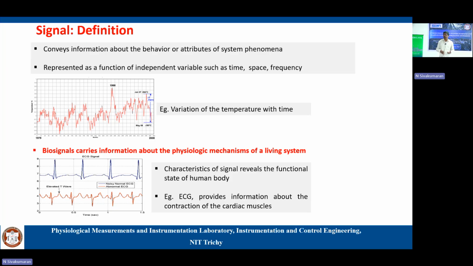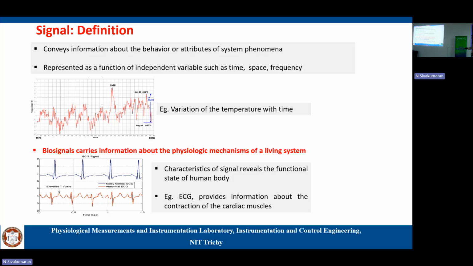For example, if you try to record ECG in this room, you may see some sort of noise, and with that ECG, doctors cannot take any decision. Then there comes the engineering. We have to develop our algorithm to remove all that noise and other things. So biosignals carry information about the human body.